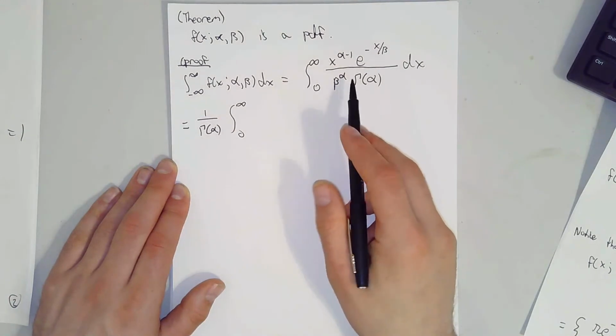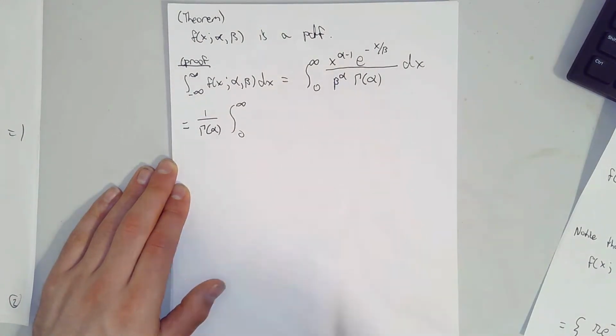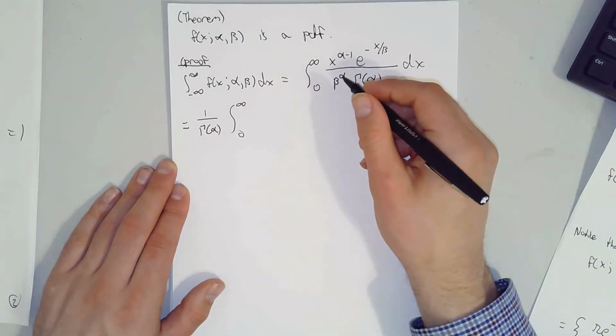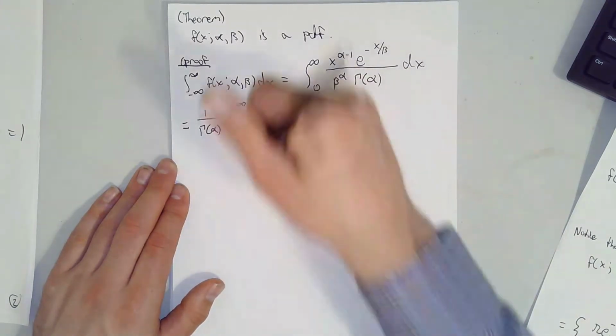In the denominator, we have alpha betas, if you'd like. Alpha need not be an integer, but still we're going to group alpha minus 1 of the betas with the x's to give us the following.